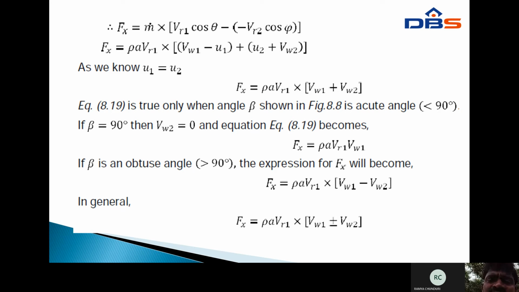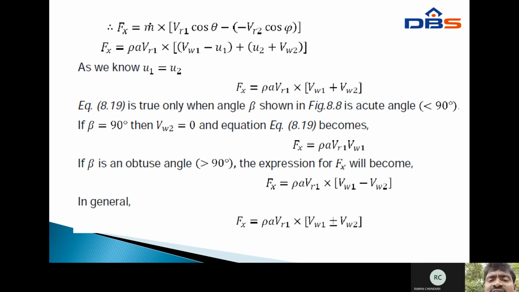Therefore F of x equals rho a Vr1 into Vw1 minus u1 plus u2 plus Vw2. In this equation u1 equals u2, therefore F of x equals rho a Vr1 into Vw1 plus Vw2.